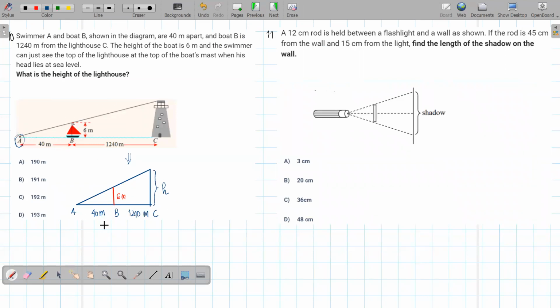From this information, we can see the triangles, so let's name these triangles properly.